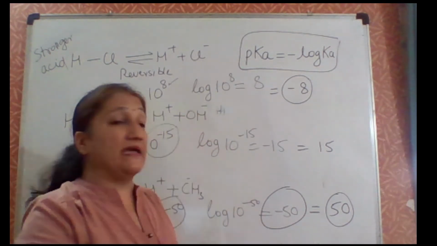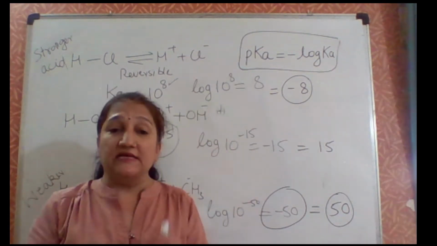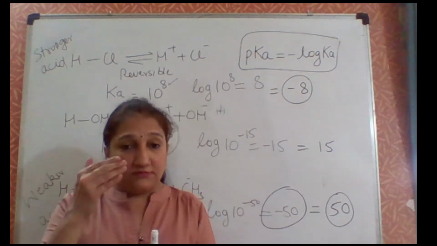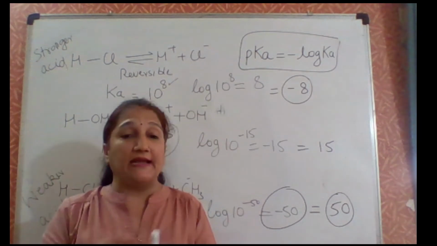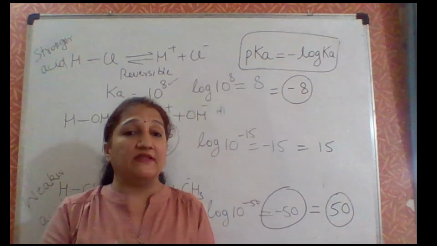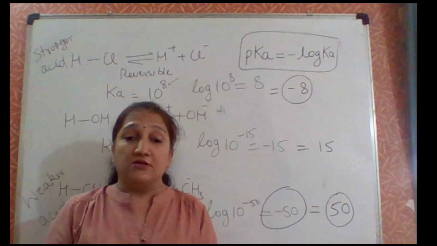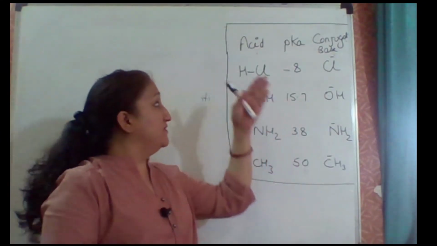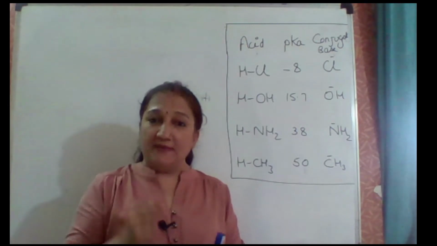Now the pKa values of all the acids are tabulated in a table form, and this table is known as a pKa table. This table is very useful in organic chemistry. So let's see how this table can be used. Here I have drawn a very small portion of a pKa table.